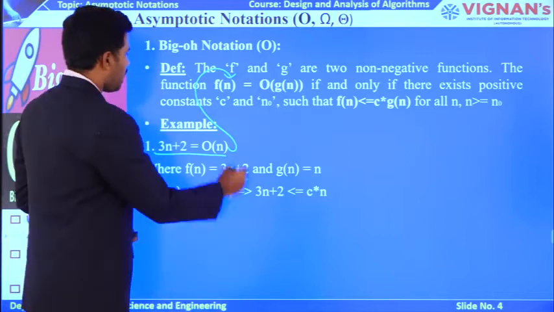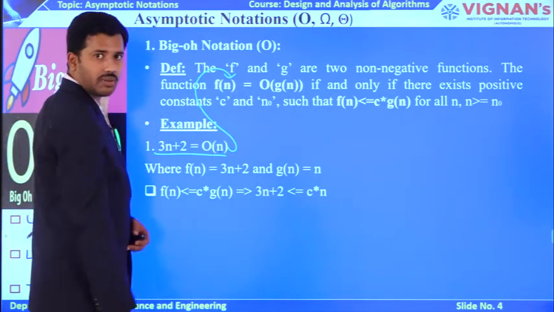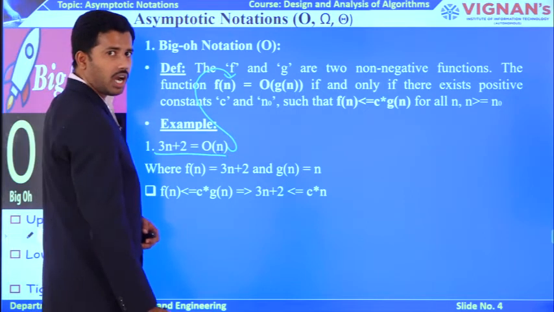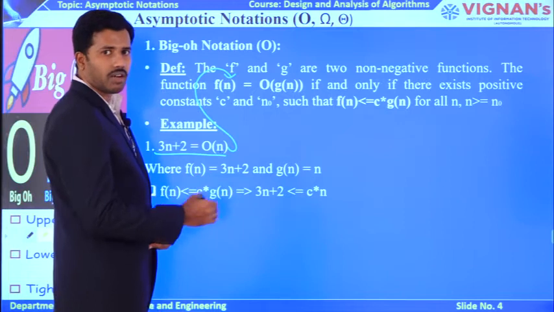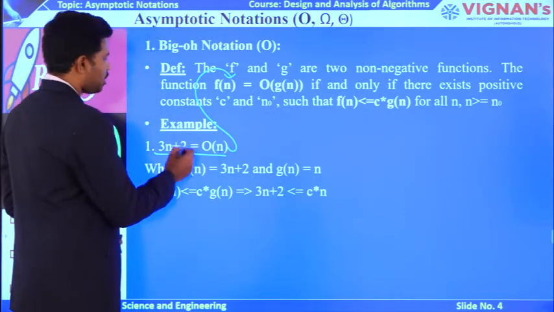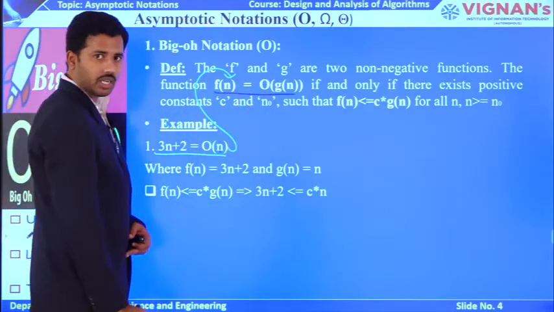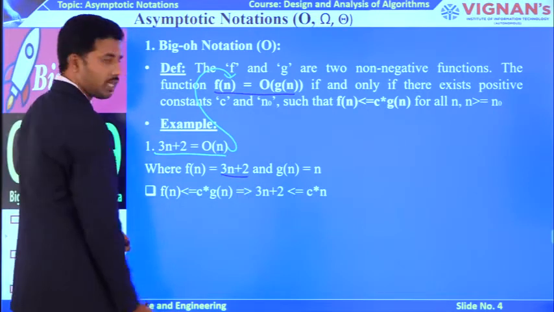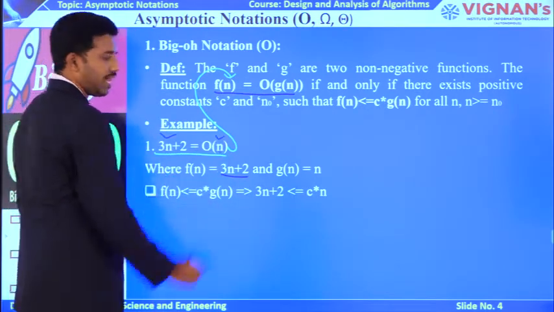By comparing the given example with the equation, ultimately you can understand the equation for f of n as well as the equation for g of n. So f of n is going to be 3n plus 2, and g of n is going to be n.